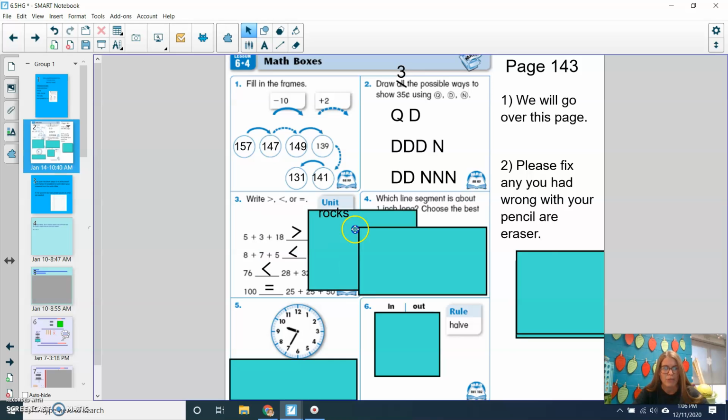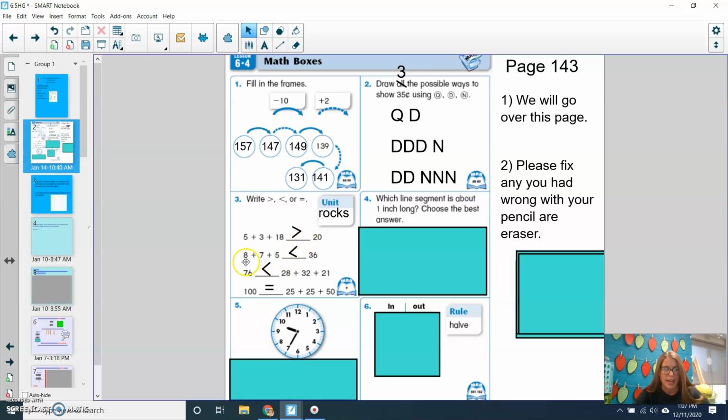For question 3, I'm writing less than, greater than, or equal to. The unit that I chose to use today were rocks. So looking at this first one, I know that 5 plus 3 is 8. And 8 plus 18 would get me to 26. So I know that 26 is greater than 20.